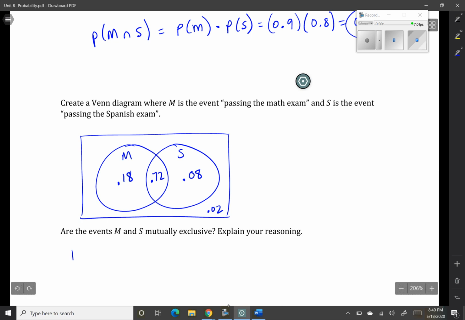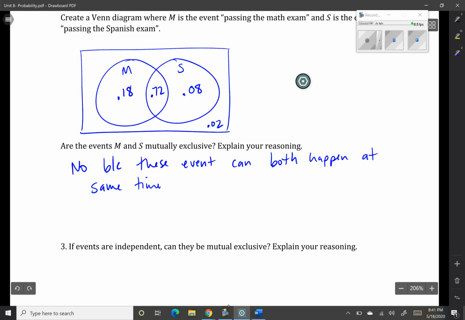The answer here is no, because these events can both happen at the same time. A Venn diagram that would be mutually exclusive would look like this. They would have no overlap.